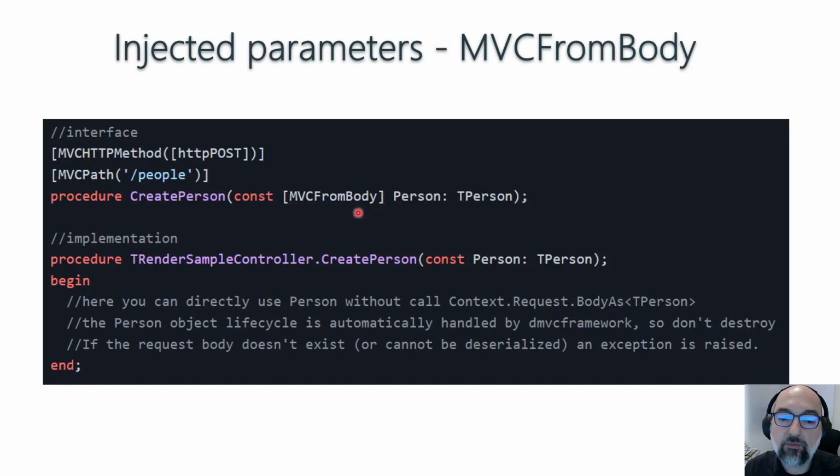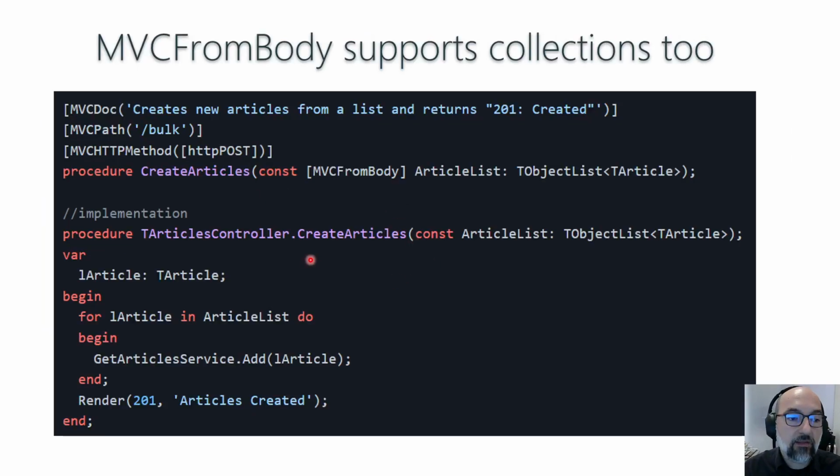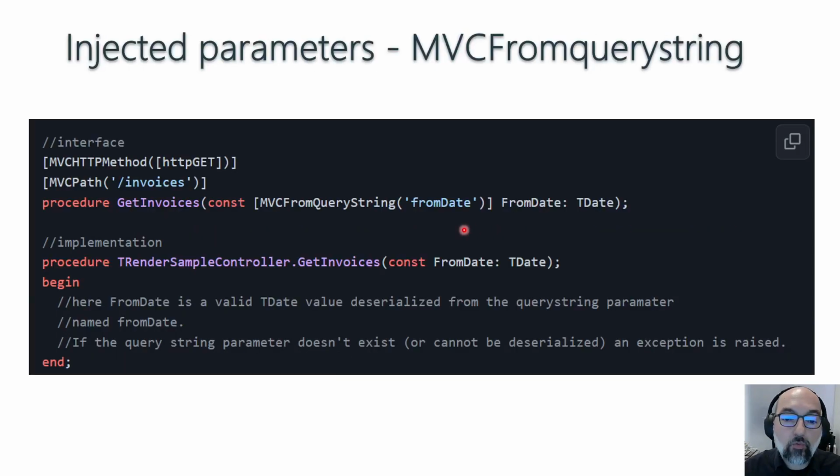Using this attribute, we are instructing the router to get the parameters from the body, but they can also arrive from a list contained in the body, which is a collection of something, for example, a JSON array, or we can get the parameters from the query string using these other attributes, MVC from query string.